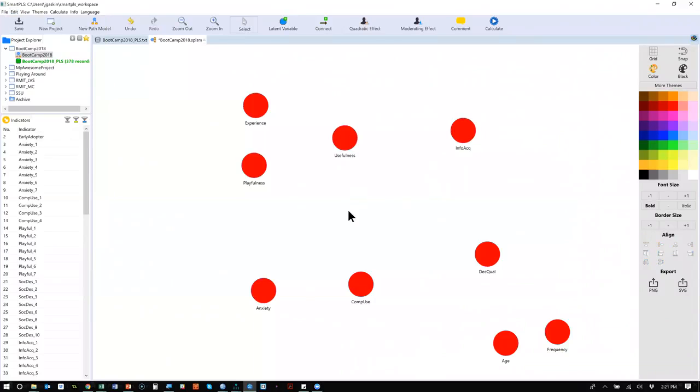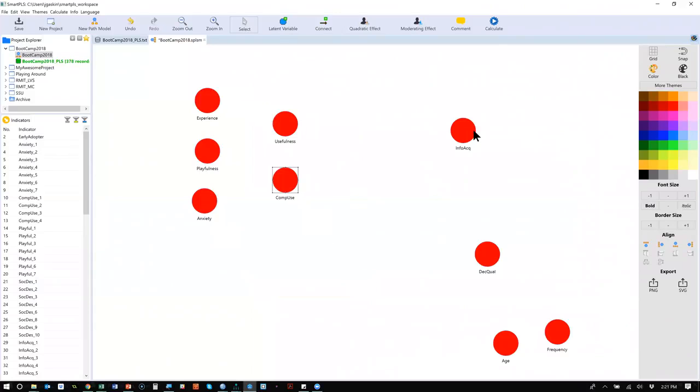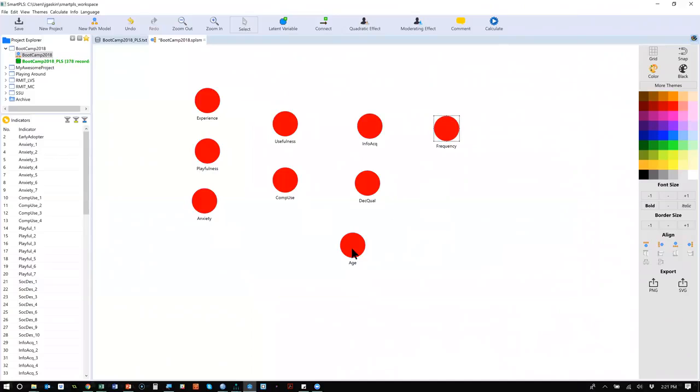Okay, so let me bring this all closer together so I can zoom in a bit. You can just click and drag, it's amazing, as long as you have the selector selected.